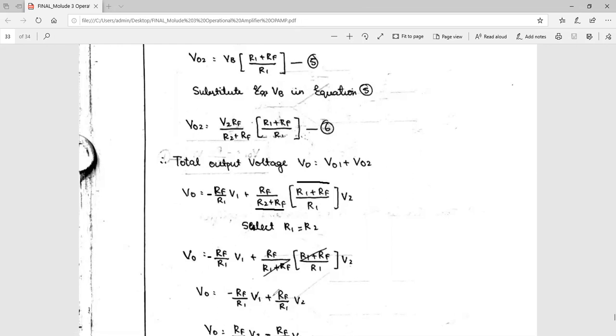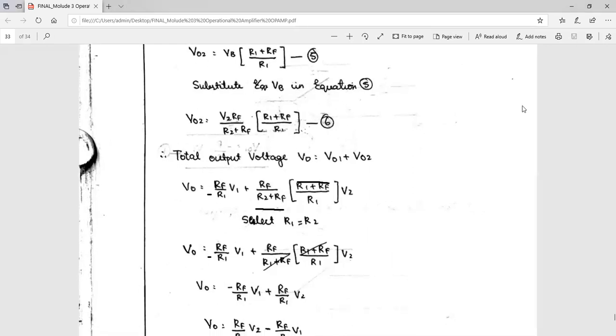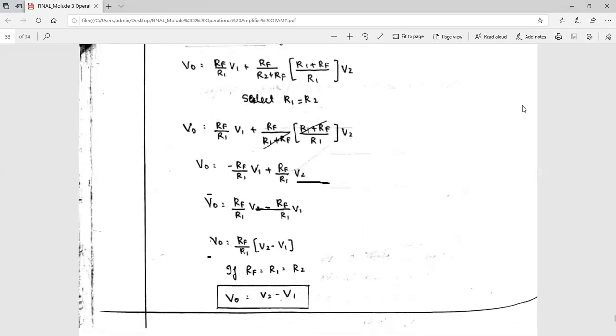So when I rearrange this equation, I will get minus RF by R1 V1 plus RF by R1 V2. Now if I rearrange, I will take RF by R1 common.